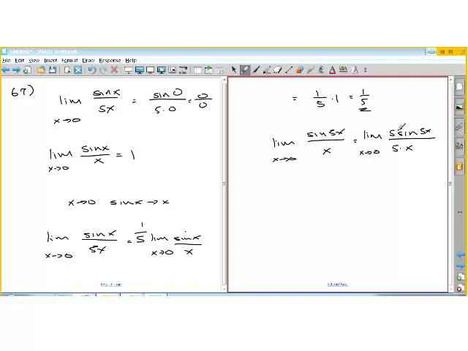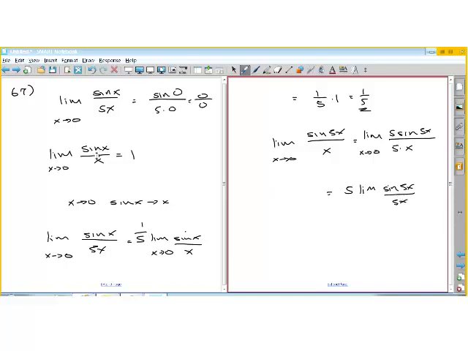So here 5 divided by 5 is 1. And just like before, I can factor the 5 out. So I have 5 times the limit of the sine of 5x over 5x. Well, as long as this argument here is the same as this, then you can use the squeeze theorem.